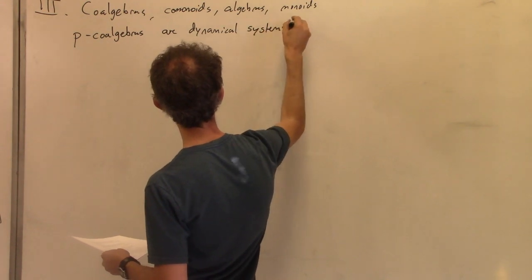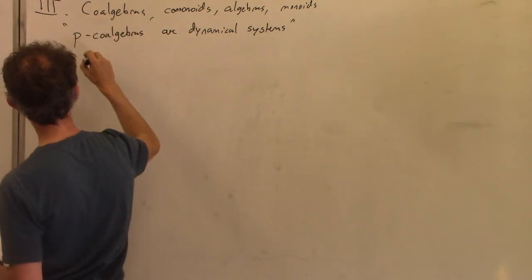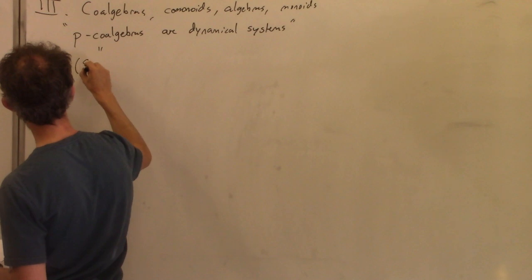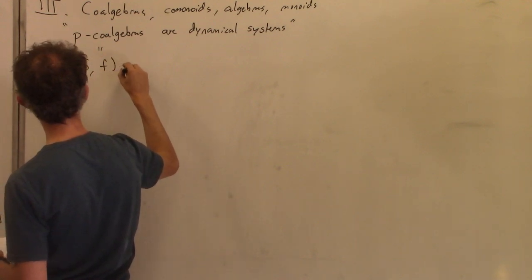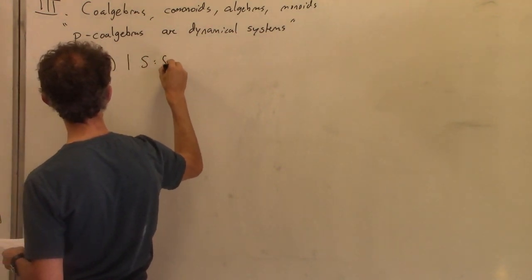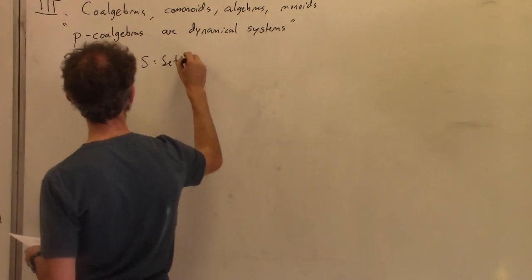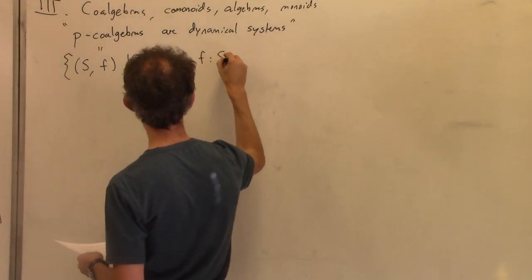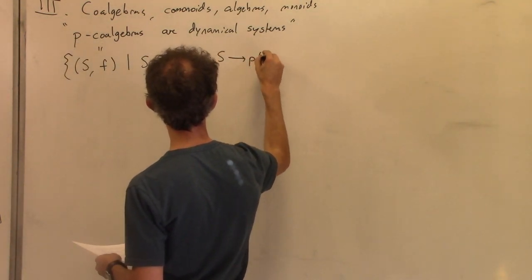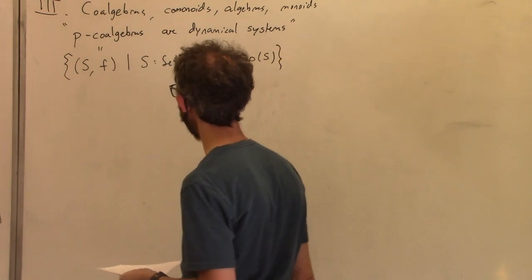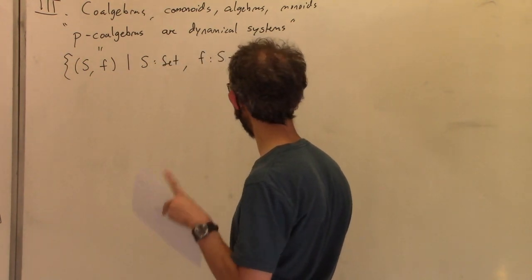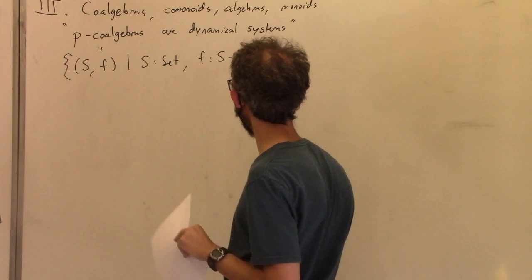What is a p-coalgebra? A p-coalgebra is a pair S comma F, where S is a set, and F takes S to P of S. That's just what a p-coalgebra means. But how do you think of that thing?